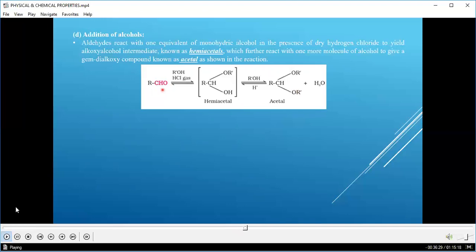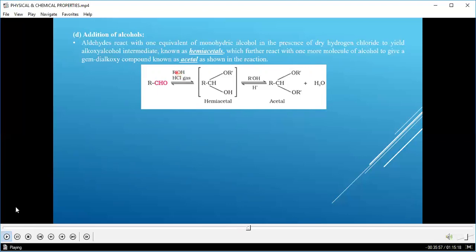So here aldehyde undergoes addition reaction of alcohol in the presence of dry hydrogen chloride. As it is an addition reaction, again this carbonyl group carbon will contain partial positive charge, oxygen will contain partial negative charge. So your R dash OH is again going to separate as OR dash minus and H plus.